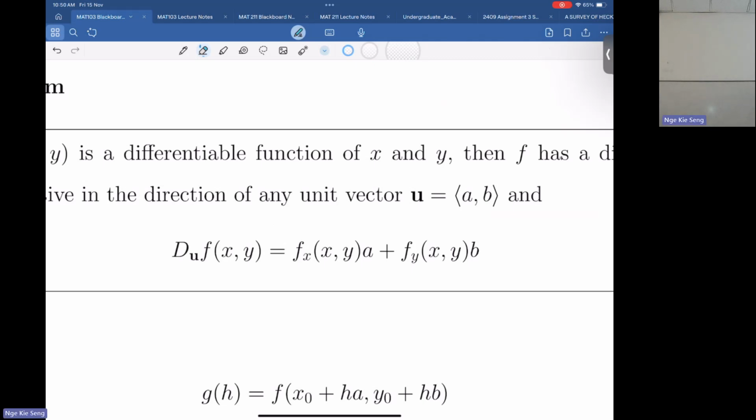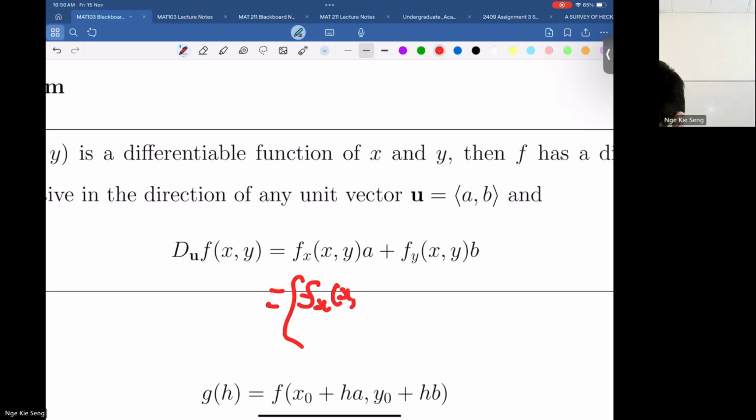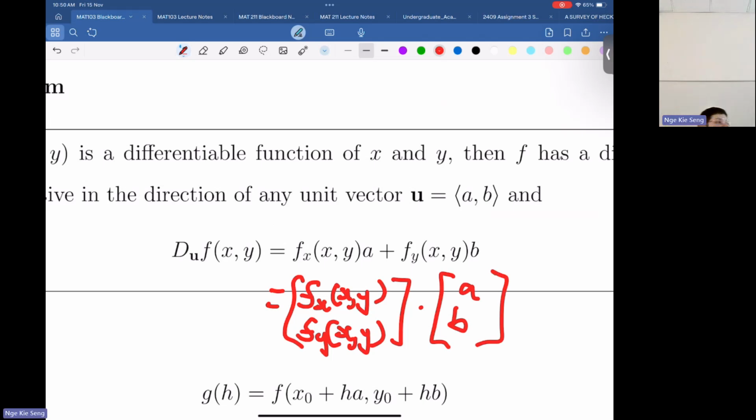So which two vectors do you dot together to get this sum here? You can group your partial derivatives together and dot with the unit vector. Verify it, can you? Top times top plus bottom times bottom. This is a dot product, right?